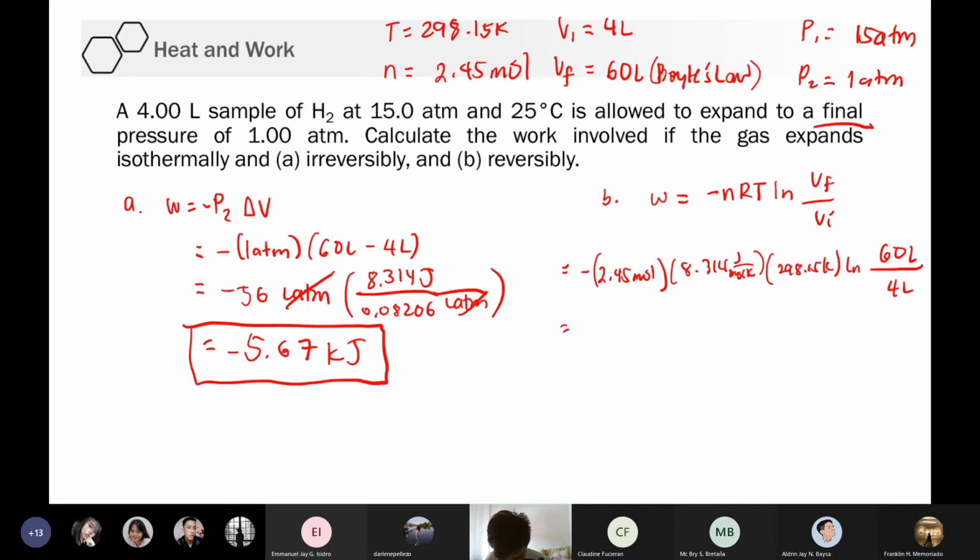Pindot-pindot sa calcu, negative 2.45 times 8.314 times 298.15 ln 60 over 4. This is negative 16.45 kilojoules.